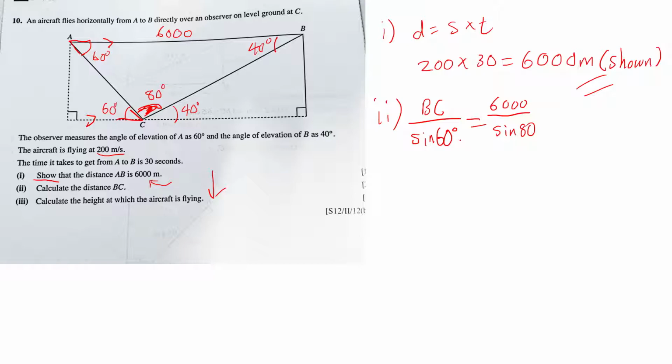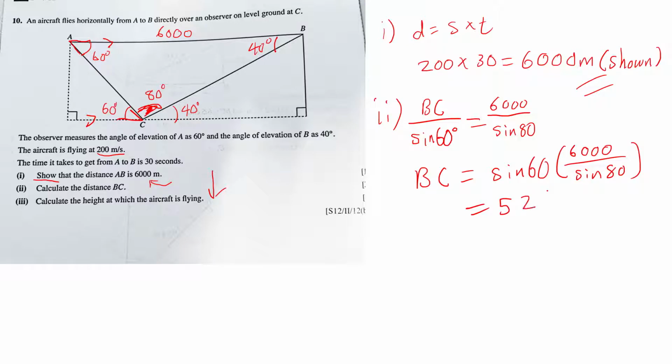So the sine 60 we move over becomes times. So BC will just be equals to sine 60 times 6,000 over sine 80. And this will give me 5,276. But of course, I need to convert it to 3 significant figure. So the answer will be this meter, 3 significant figure.